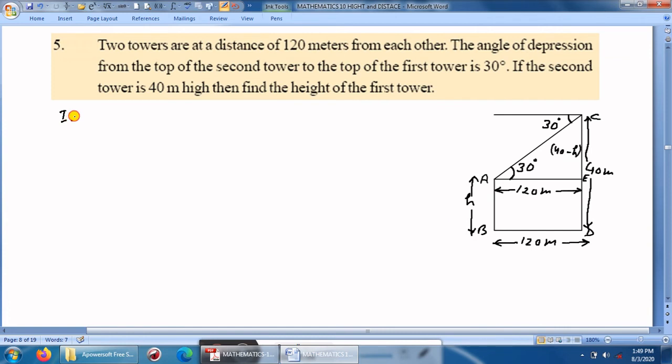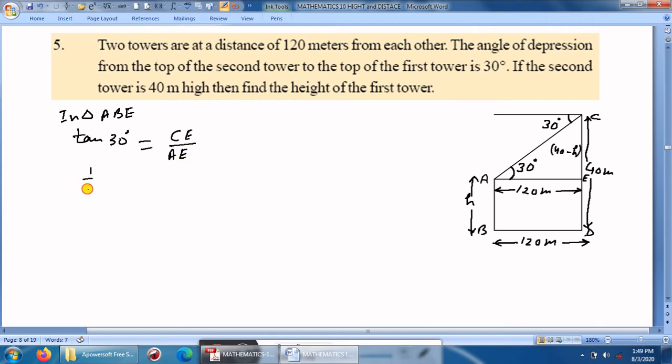Now you can angle ABE. This one is CE, which is 40 minus H, because whole is the 40 and this one is H and this one is also H, so it becomes 40 minus H. So in this triangle, tan 30 degree is equal to perpendicular upon base, that is the CE upon AE.